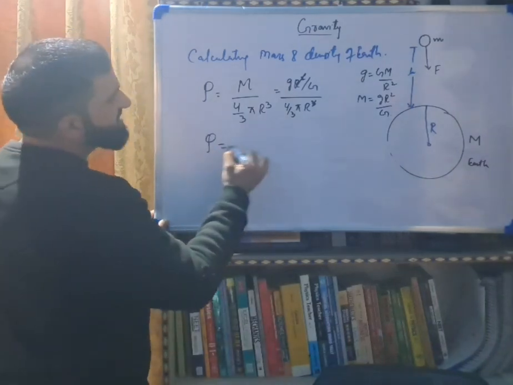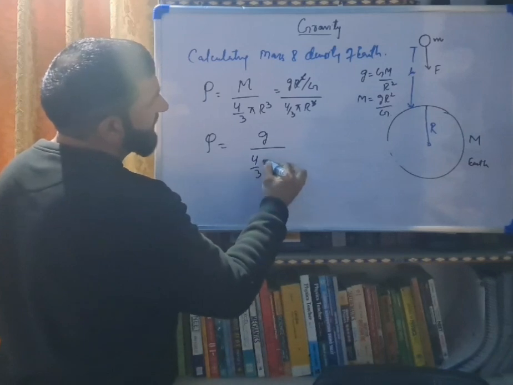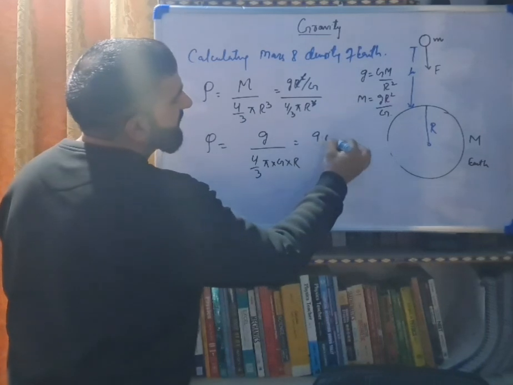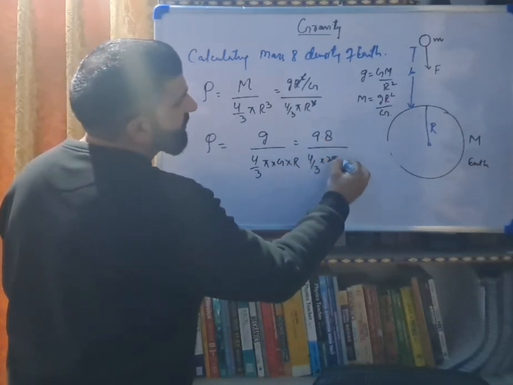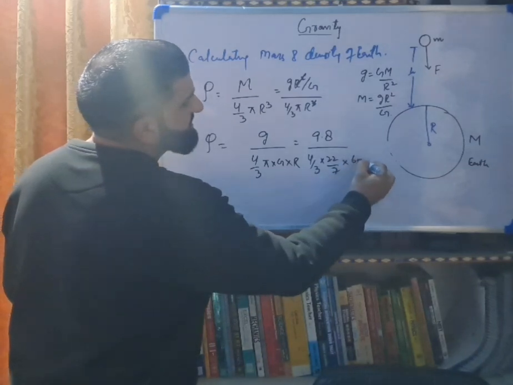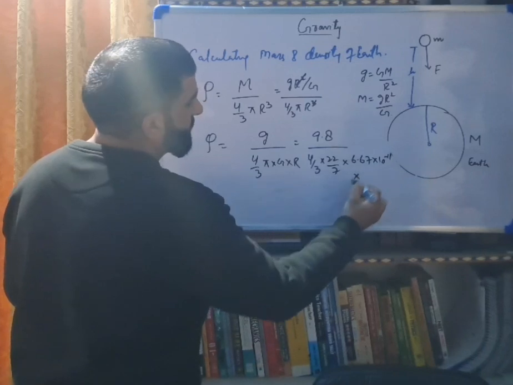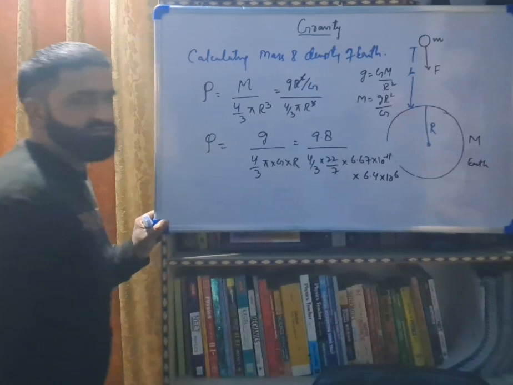So rho is equal to g divided by 4 by 3 pi times G times r, that is equal to 9.8 divided by 4 by 3 into 22 by 7 into 6.67 into 10 raised power minus 11 into 6.4 into 10 raised power 6.